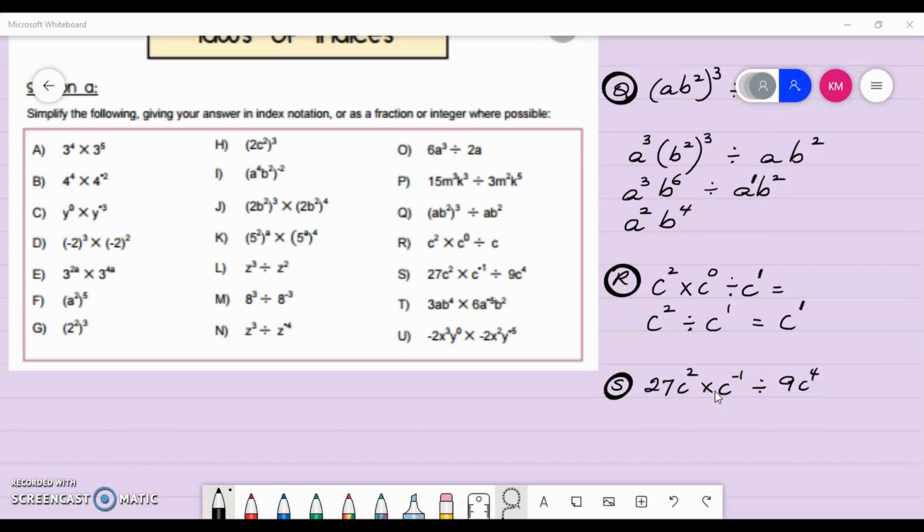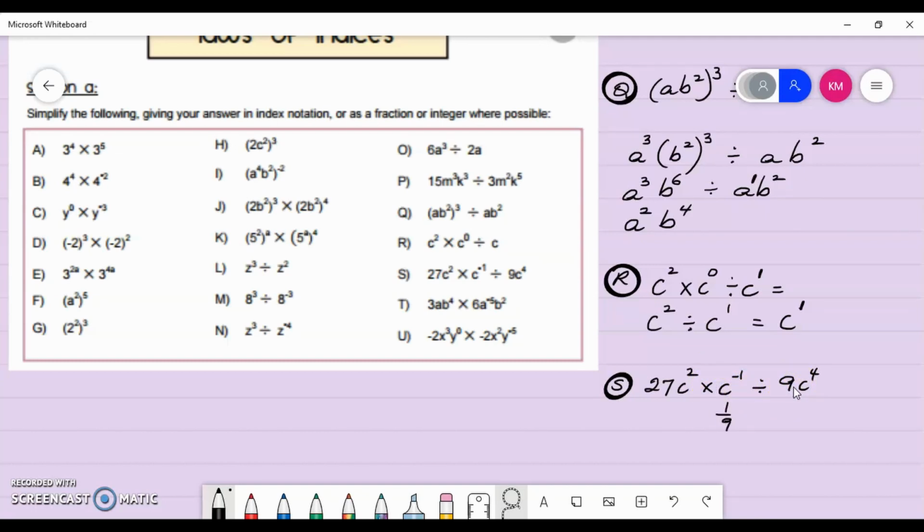It's going to be c⁻¹ divided by 9c⁴. Now, because we don't have a number or a coefficient in front of c, it's understood to be 1. So that is going to be 1 divided by 9, which is 1/9.